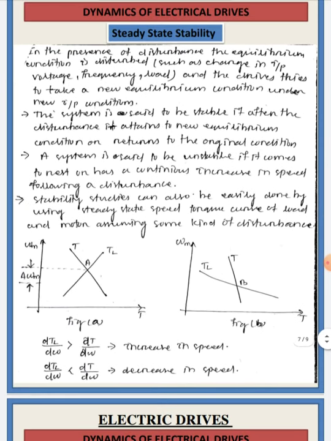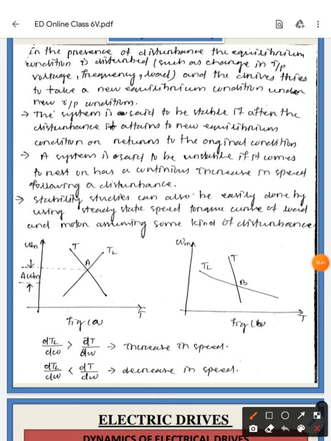Again, in steady state stability, if one system is in an unstable state and it will come back to the initial stage, that time we need to calculate. If the system is stable, then suppose in this figure this is my equilibrium point.